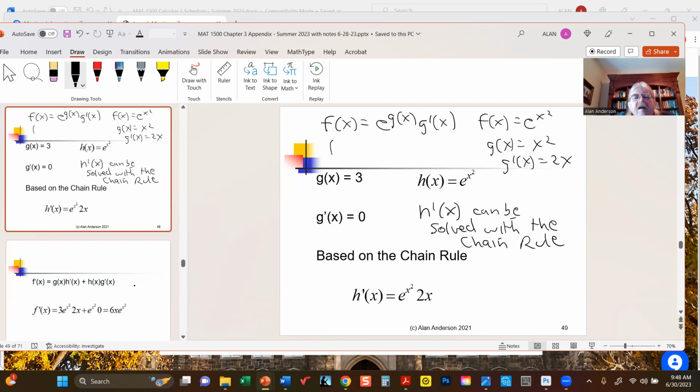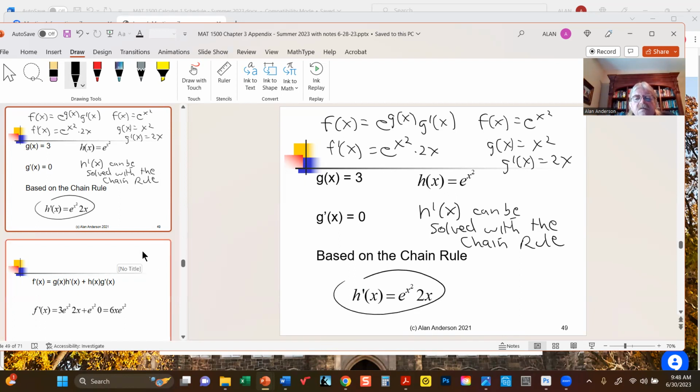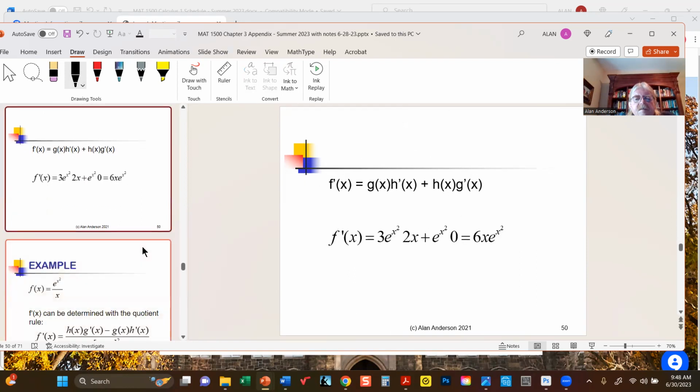So what we have here, f prime of x is e to the x squared times 2x. So going back to the original product rule, let's just quickly remind ourselves.